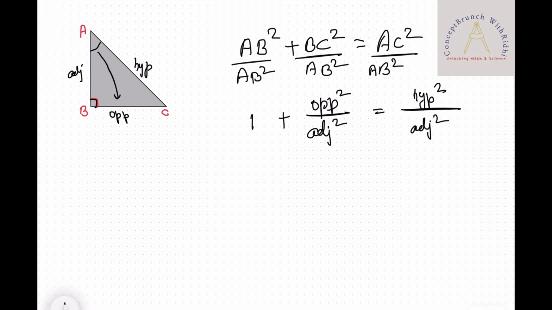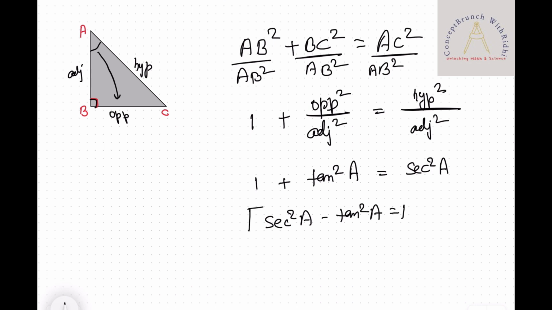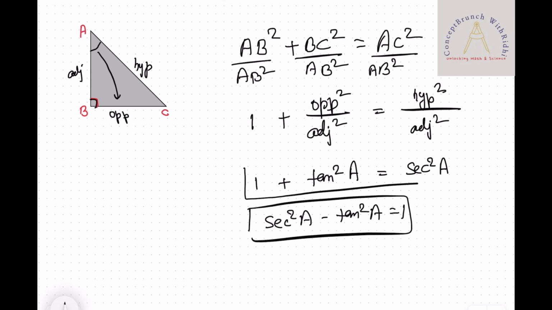So from here, 1 plus opposite square divided by adjacent square we can write as tan square A, because we are assigning the angle A, and this side hypotenuse divided by adjacent we can write as secant square A. Okay, let's write in a sequence. So we can write secant square A minus tan square A is equal to 1. You can remember like this also, anything is fine.